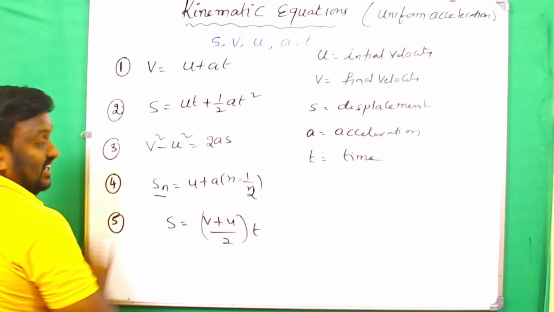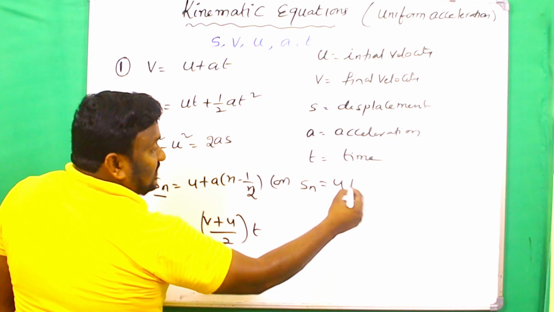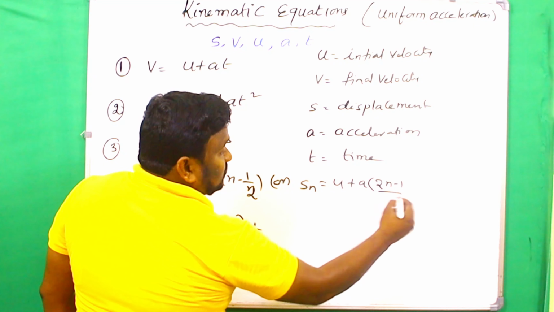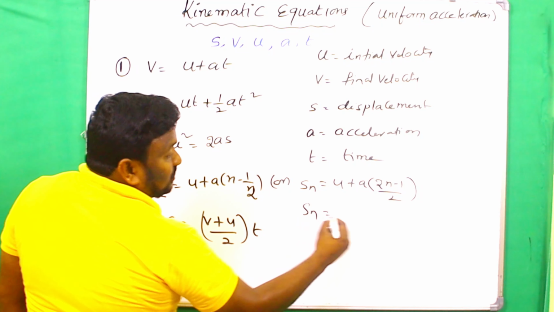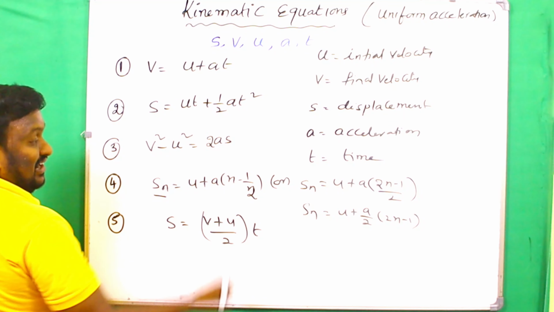And we have Sn, and this equation is also written as Sn = U + A/2 (2n - 1). We can write it like this also.